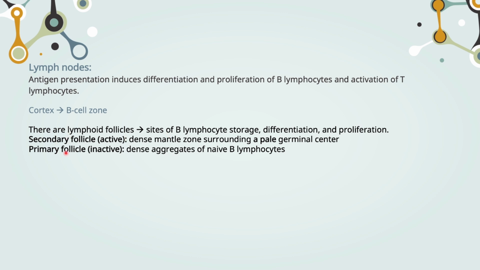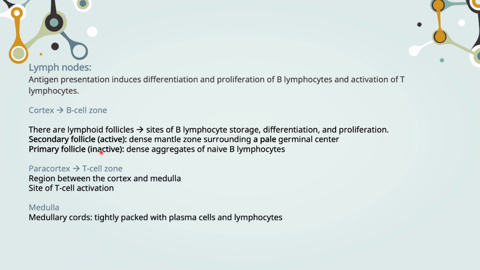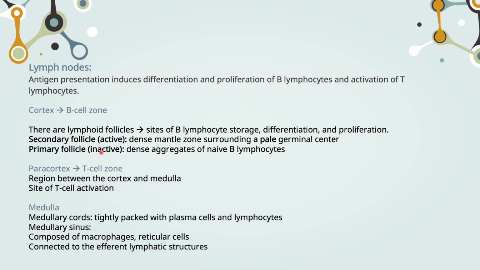But secondary follicles are pale and the mature active B cells are present in the secondary follicle. This is super high yield from exam point of view. Now, paracortex, the T cell zone. Now, we have talked about medullary cords and sinus. Cords are packed with plasma cells and lymphocytes, and the sinus is composed of macrophages and reticular cells, all right.